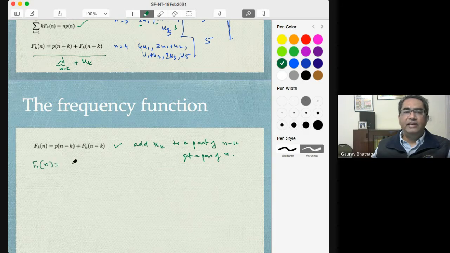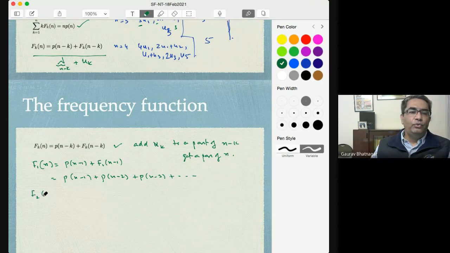So F1n is, for example, Pn minus 1 plus F1n minus 1. And then that is Pn minus 1 plus Pn minus 2 plus so on, Pn minus 3. Similarly, F2n is Pn minus 2 plus F2n minus 2, which will be Pn minus 4 plus Pn minus 6, and so on.